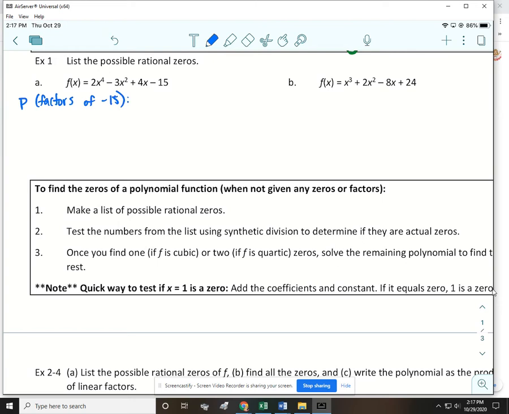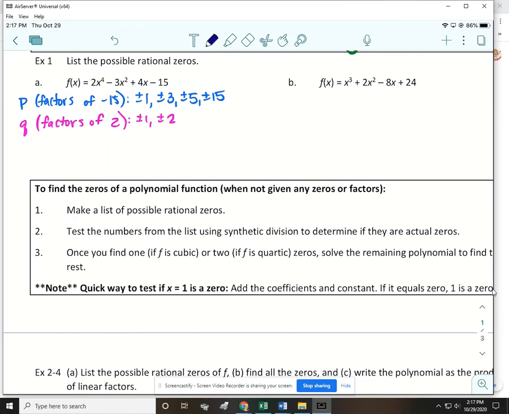All the integers that divide evenly into negative 15 are positive and negative 1, positive and negative 3, positive and negative 5, and positive and negative 15. Then q represents the factors of the leading coefficient, which in this case is 2. So that's positive and negative 1 and positive and negative 2.